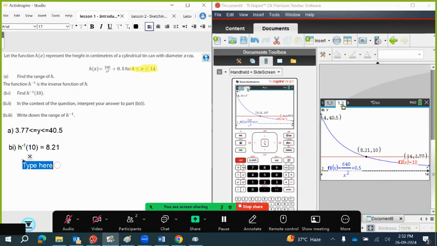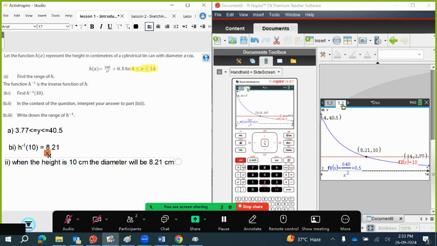So what this means is when the height is 10 centimeters, the diameter will be 8.21 centimeters. So we have to reverse the logic and the order in that one, and we'll get the answer there.